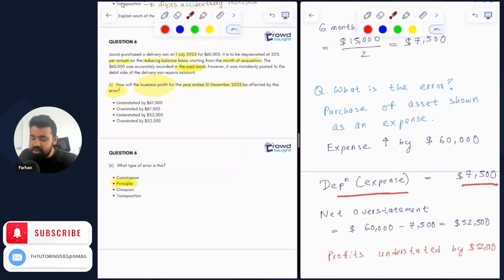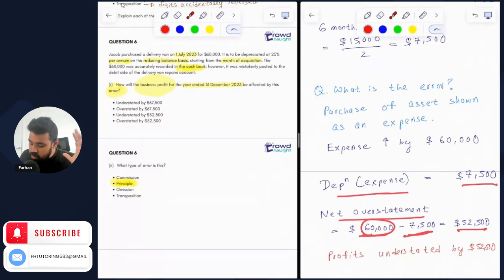So the net overstatement in expenses is actually the difference between $60,000 and $7,500. $60,000 is wrongly recorded, but $7,500 is correctly recorded because we have purchased a non-current asset which we need to depreciate anyway, right?